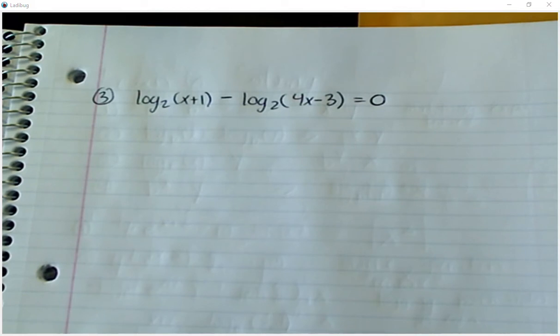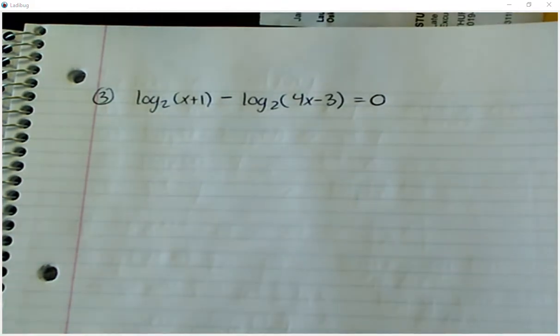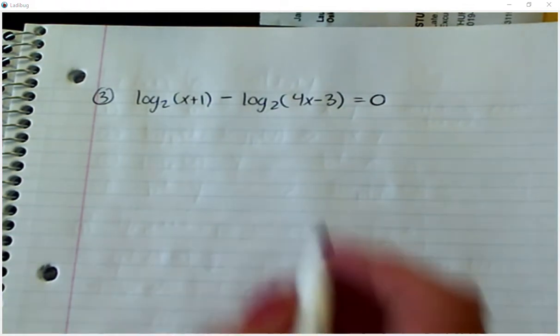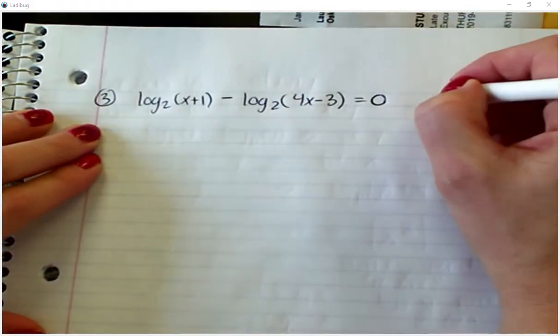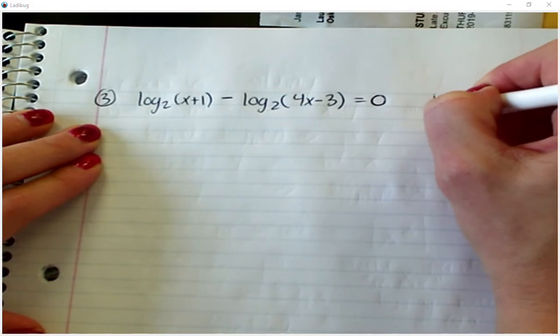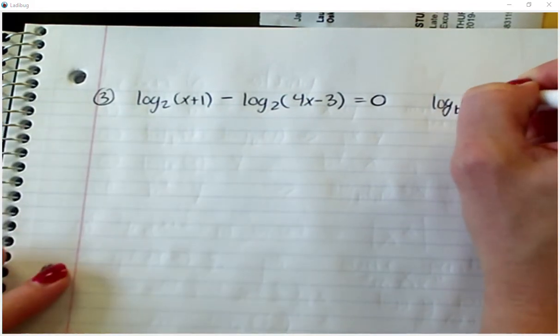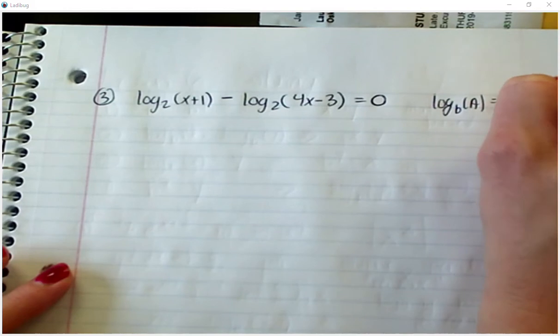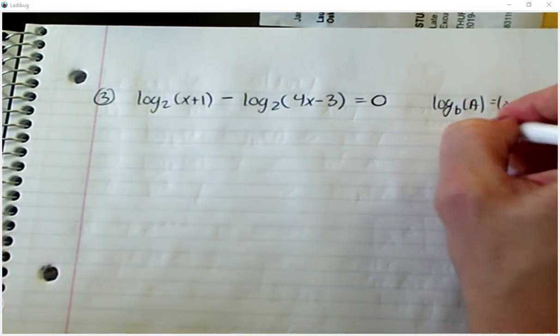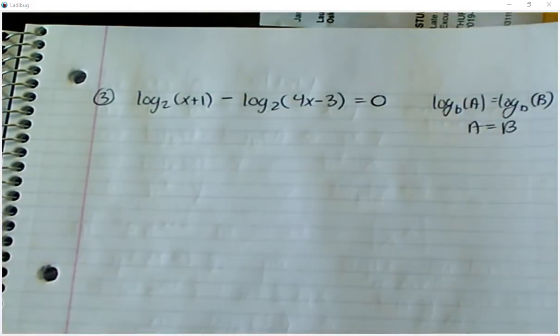All right, here we go. Here's your quiz. Okay, I have 4 categories. Category number 2 has this. Log base B of A equals log base B of capital B. Okay, it implies this.